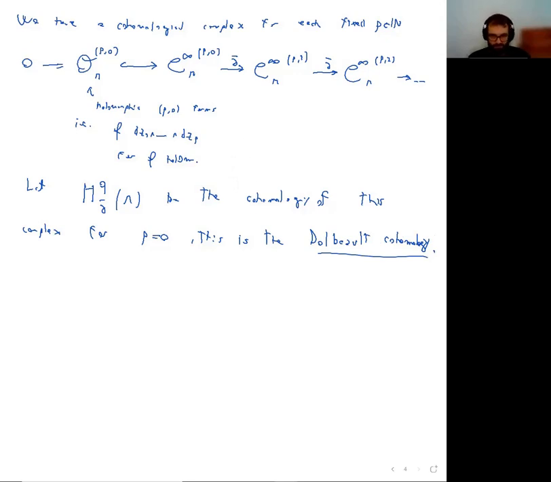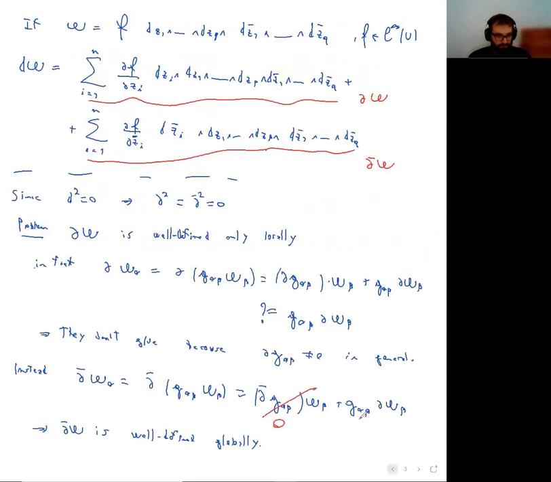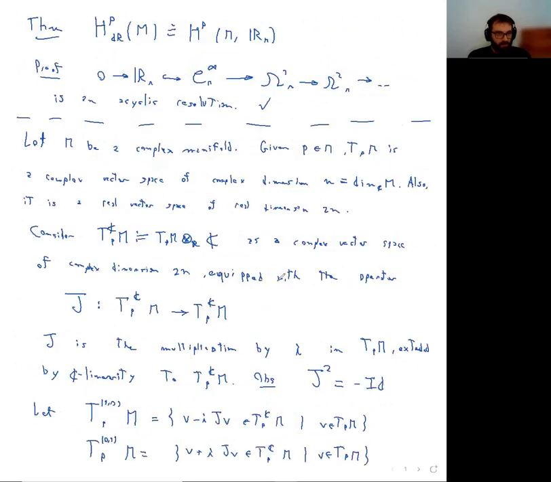Okay, so let's slow down for a second. Maybe let's go back a few steps and repeat everything. We have a complex manifold. We can define this operator J, which lets us divide the space into two parts, T10 and T01.